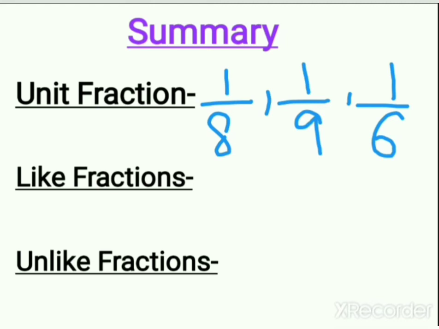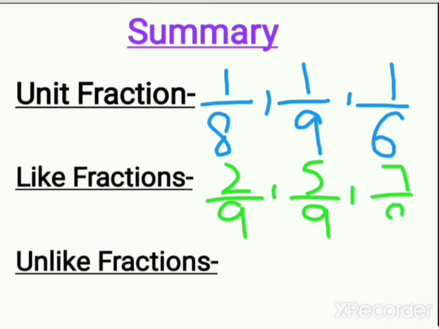Next is like fractions. Like fractions are those fractions in which denominators are same. For example, 2 by 9, 5 by 9, 7 by 9. These are the example of like fractions because in this denominators are same: 9, 9 and 9.